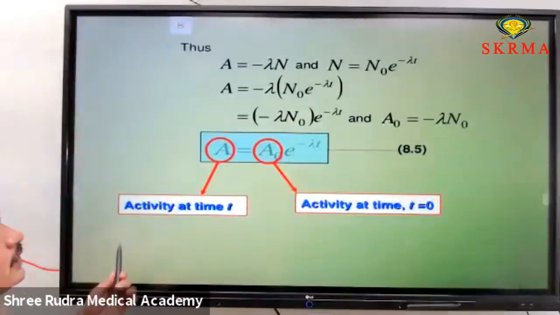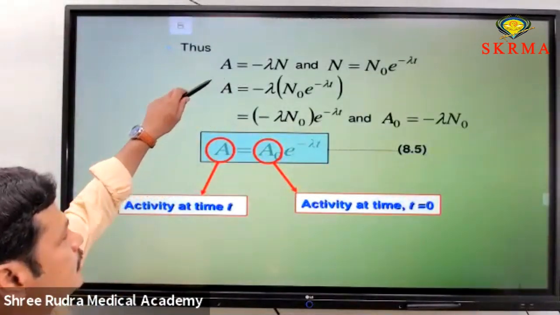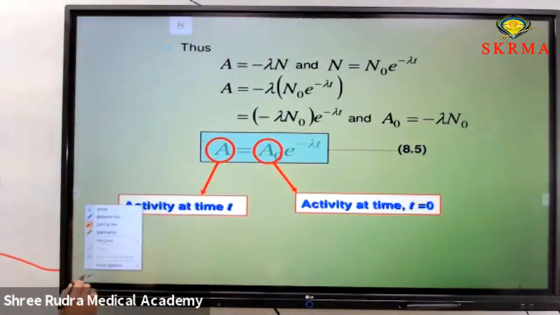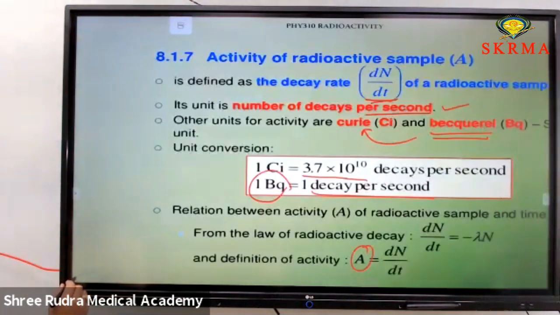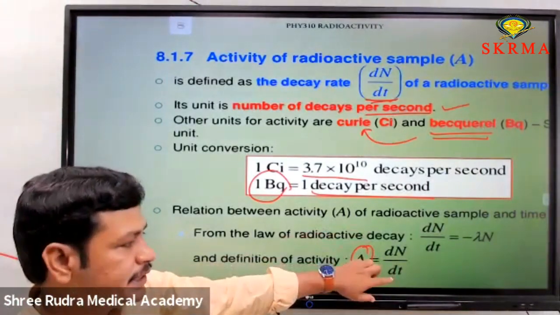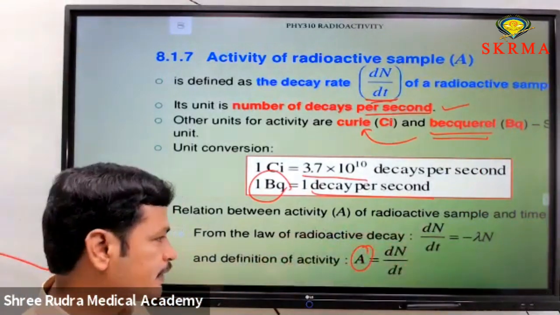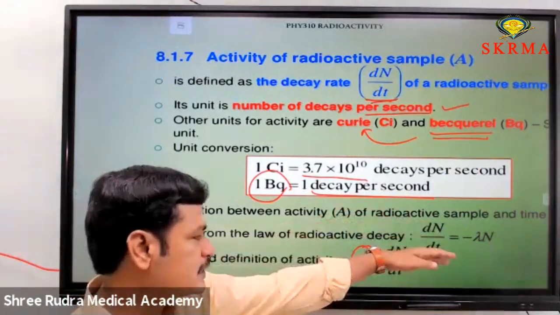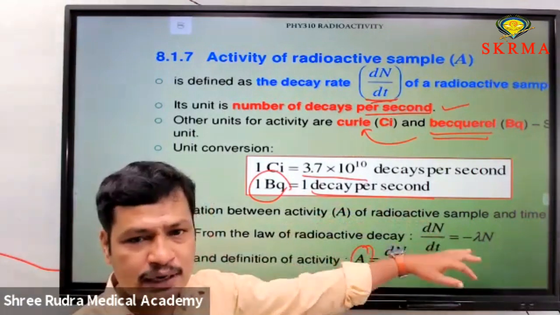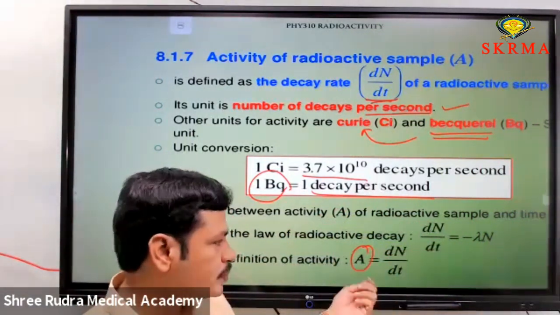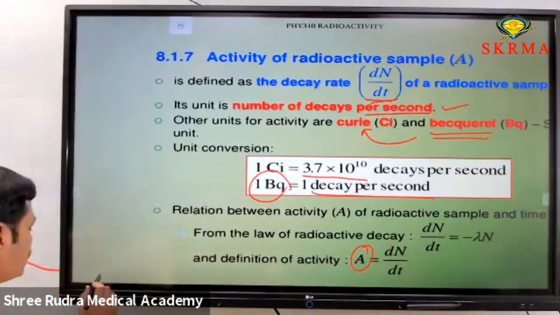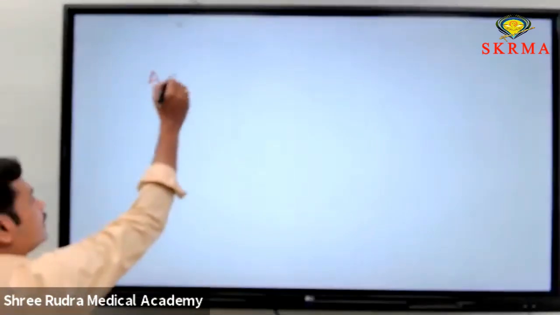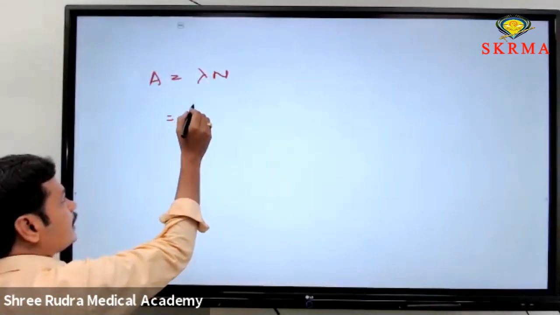Generally, A equals minus lambda N. This equation comes from A equals dN by dt, and dN by dt equals minus lambda N. If we equate these two equations, it is represented as A equals lambda N. The activity can also be represented with lambda N. Here lambda is a constant.